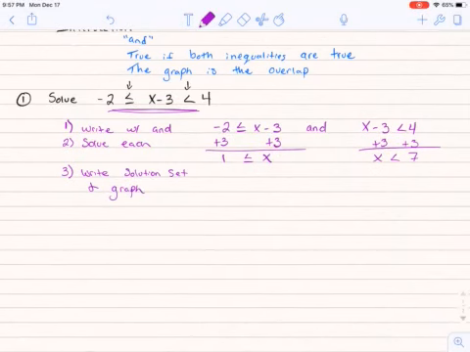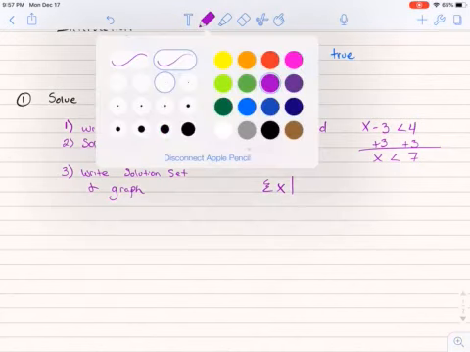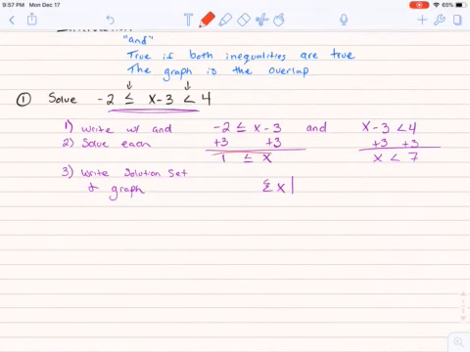All right, so I typically will write my solution set before I graph it. So in set builder notation, my solution is the set of all numbers, my variables x, such that, and now here I'm thinking, how can I combine these two inequalities into one? Well, I notice that if you look at it, they line up pretty nicely.